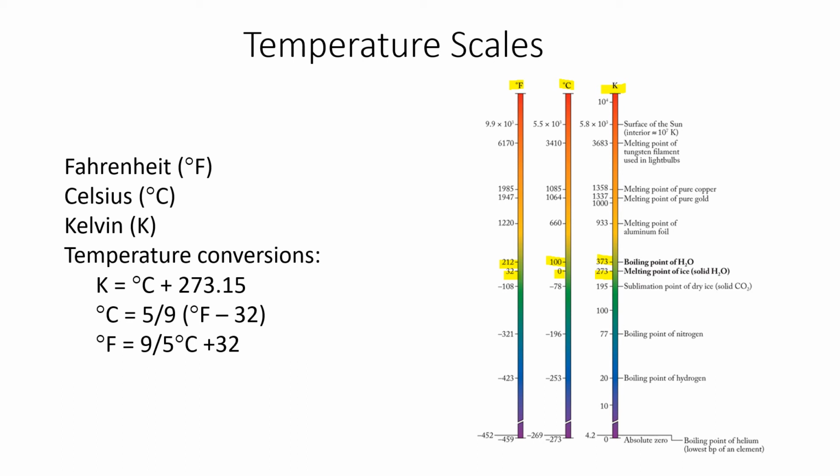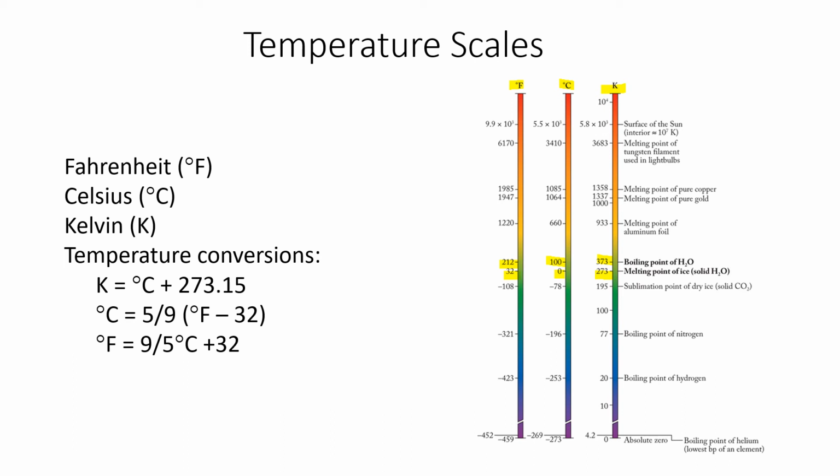The difference there is 100. In Kelvin, 273 to 373, that's still 100 units. Celsius and Kelvin have the exact same unit size. Each unit represents the same amount.